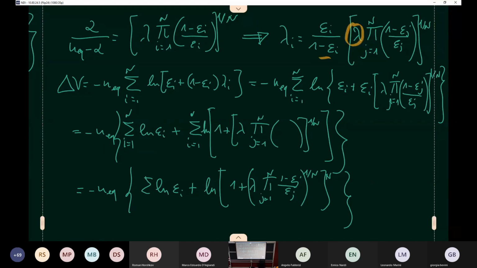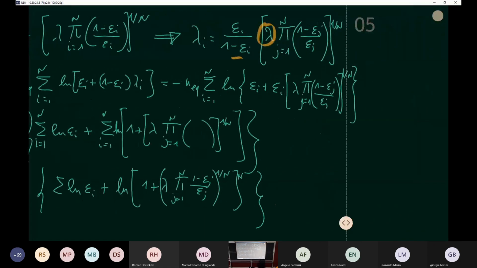This allows us to get lambda. Now I can divide here delta v over u, there will be minus this sum. And then I have this logarithm, so I can take the power of this other quantity, and I can get the inverse of the logarithm, and so the solution for lambda.